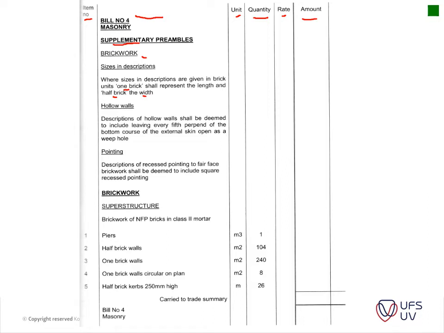Then you've got hollow walls. Descriptions of hollow walls shall be deemed to include leaving every fifth perpend of the bottom course of the external skin open as a weep hole. So basically it just makes provision for the weep hole.